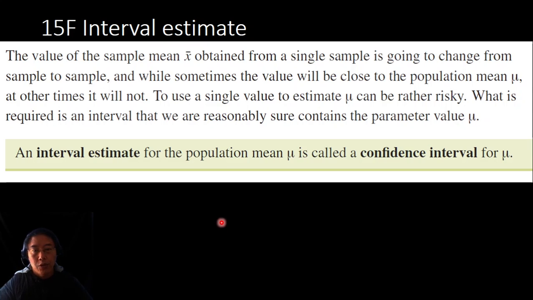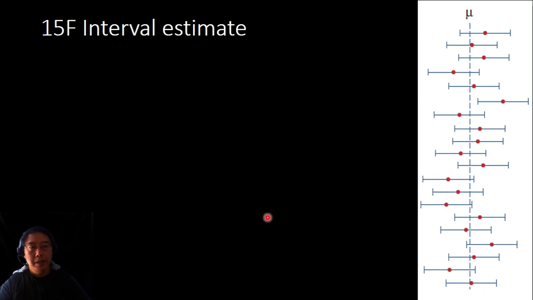Okay, so a visualization of that is, let's say this is the population mean that we want to find out, and as you take many samples, they will spread. In red will be the sample means, and you can see you have various sample means.